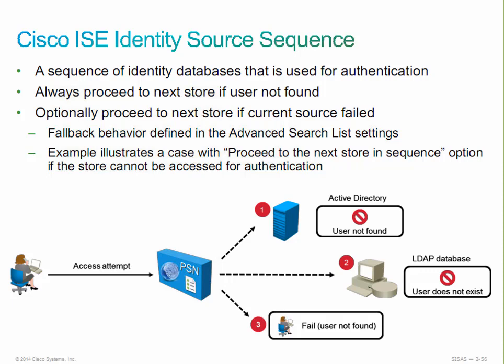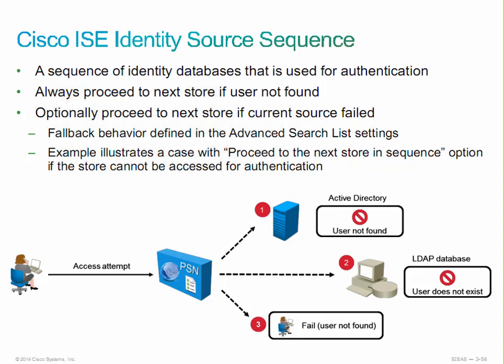We're going to then connect to that external identity source to obtain the user information for the purposes of authentication. The external identity sources could include things like certificate information, so that the ISE server can use, or certificate authentication profiles, and so on.